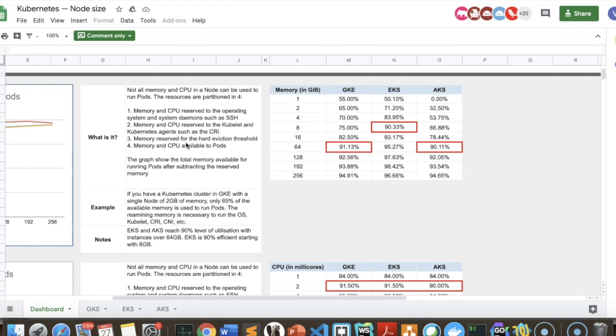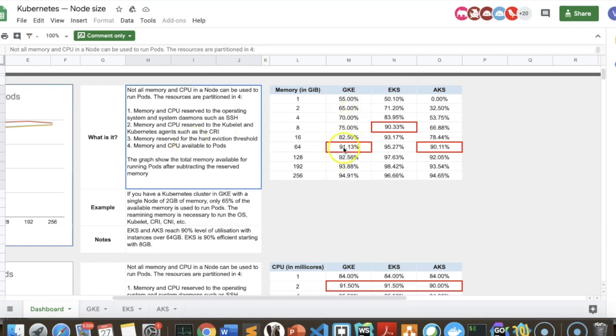So if you look at this part, it shows what are the other things which utilize the memory. So the system daemons, the Kubernetes agents, and other stuff which is required for managing the pods and nodes, utilizes the rest of the memory.